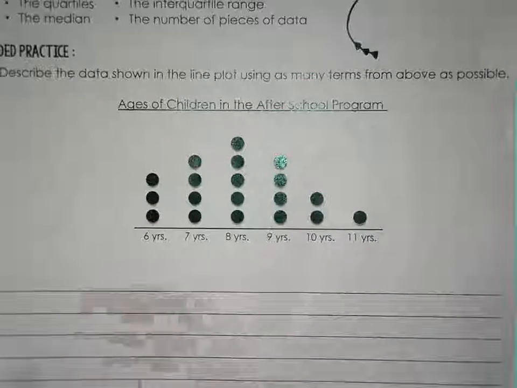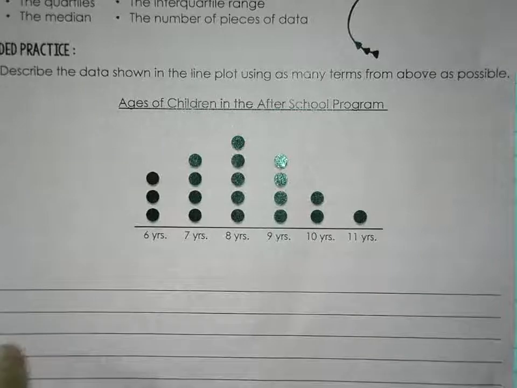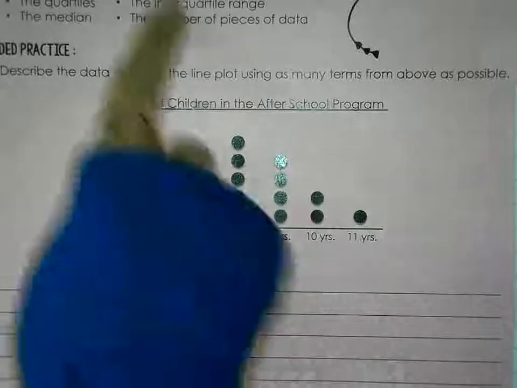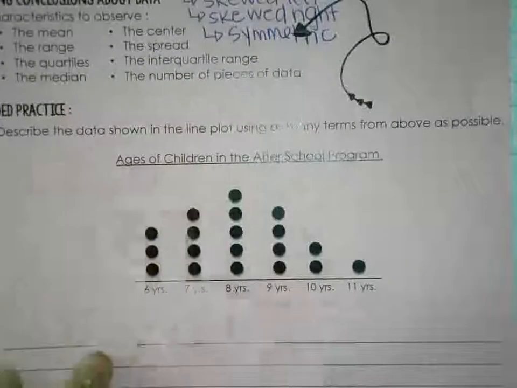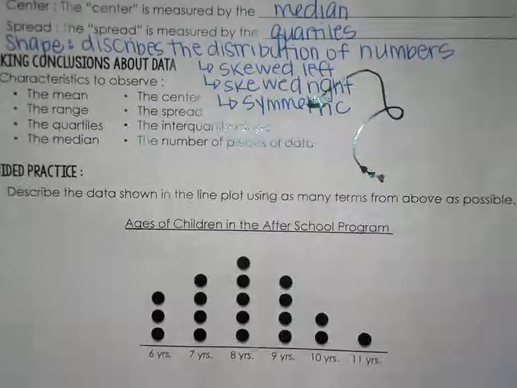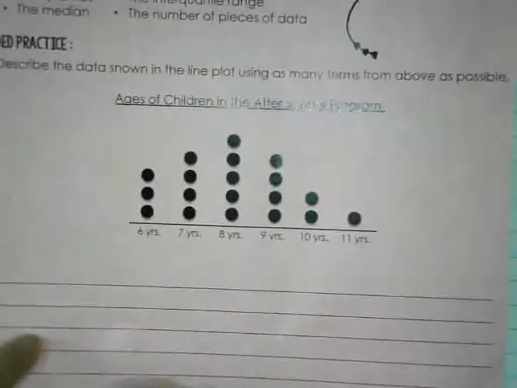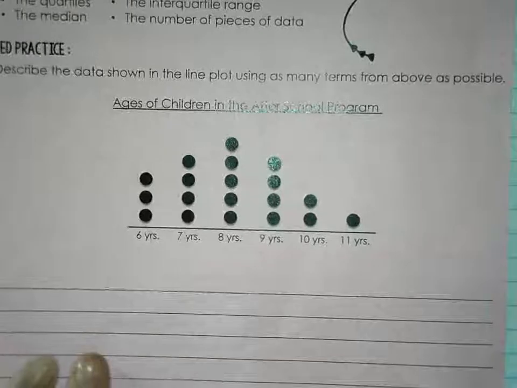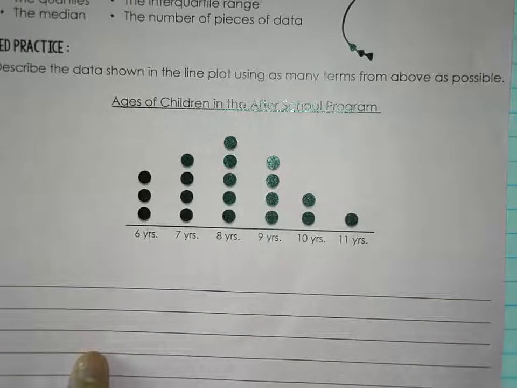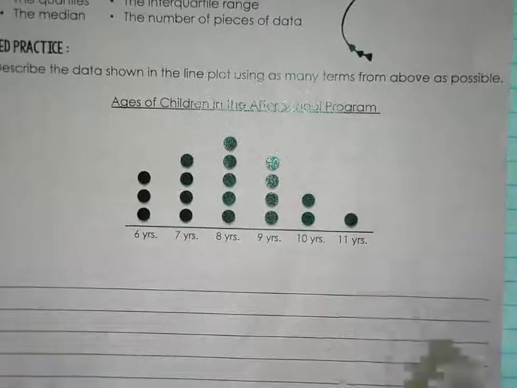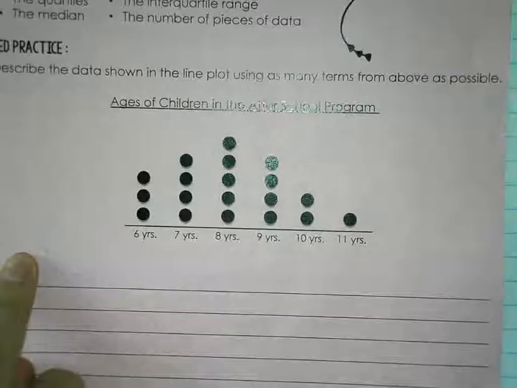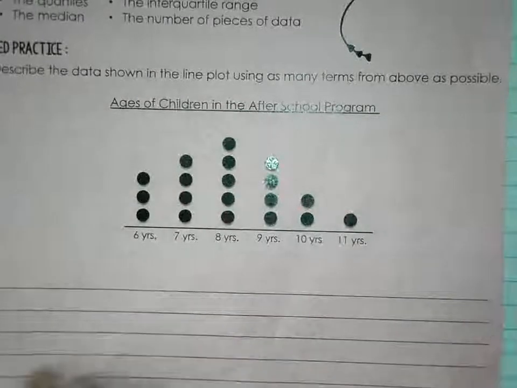What I want you to do, on your own, is come up with as many pieces using these characteristics up above and the key terms down below. Then as a whole group, we will talk about what could be written here. What do these characteristics mean?